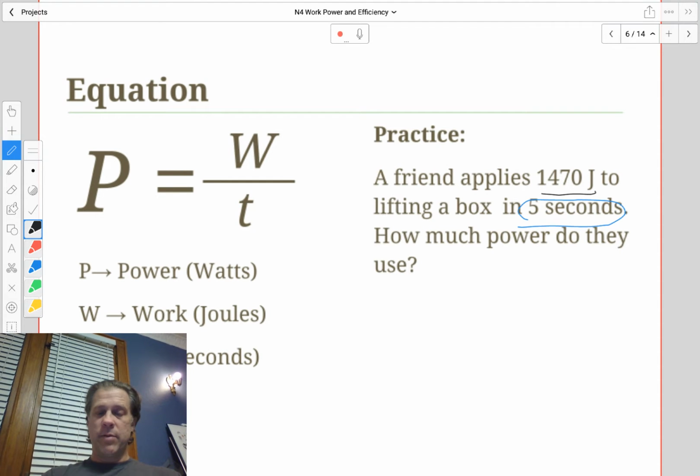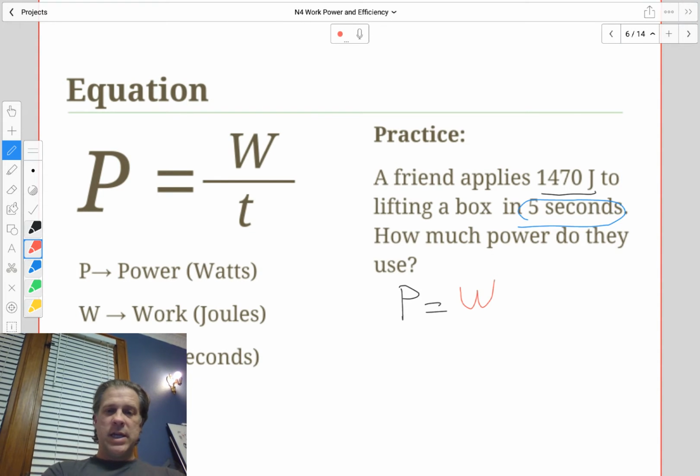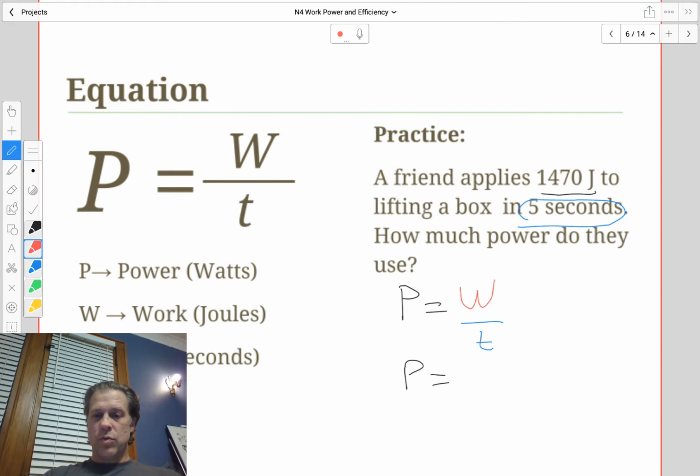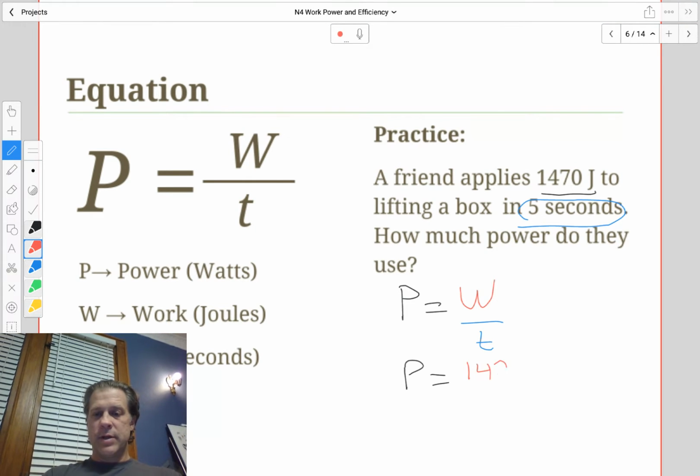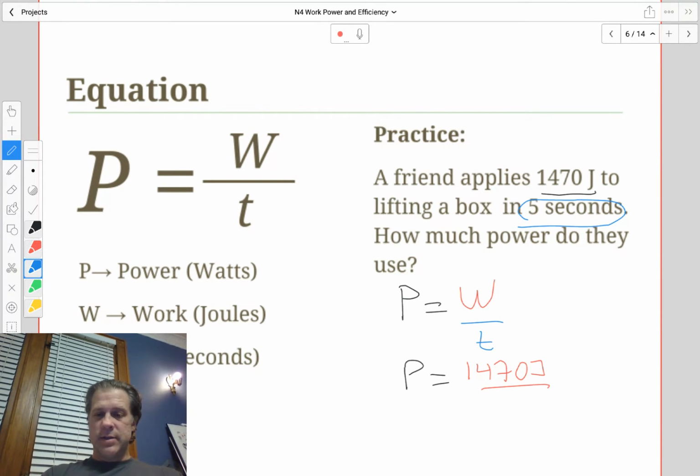Well, if we're going to use the formula, P is equal to W over T. When we substitute in the things that we know, P will be equal to 1,470 joules over the time, which in this case is 5 seconds.